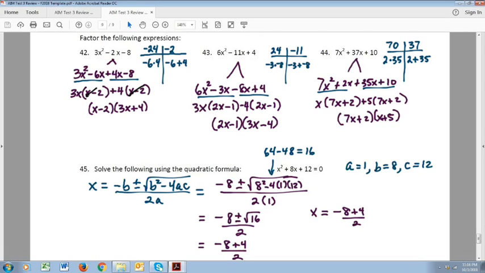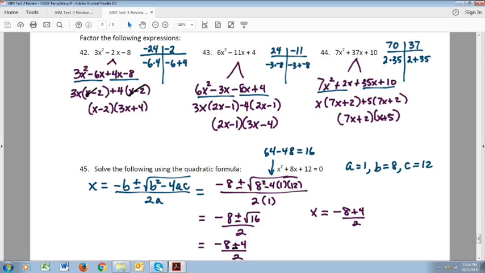Oh, I forgot my plus or minus in that. Let me put that right there. That's a plus or minus. That wasn't a very good minus. Let me try one more time here. Okay, so still not very good, but that's going to have to be good enough.